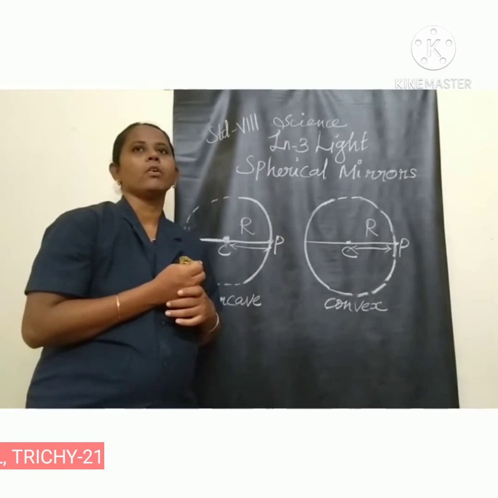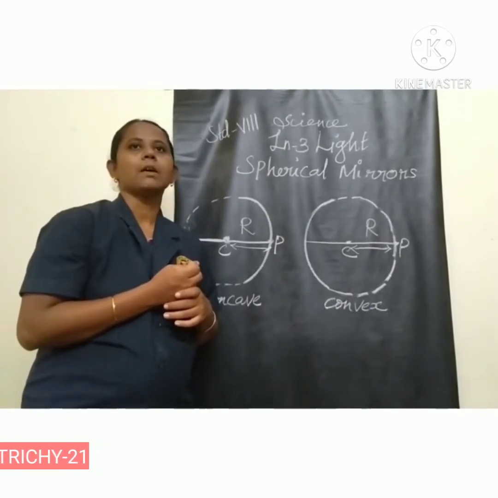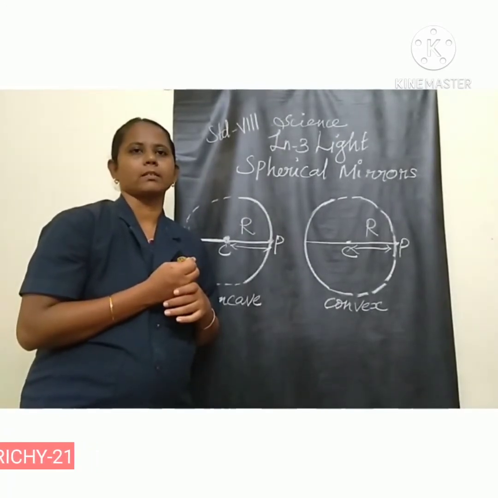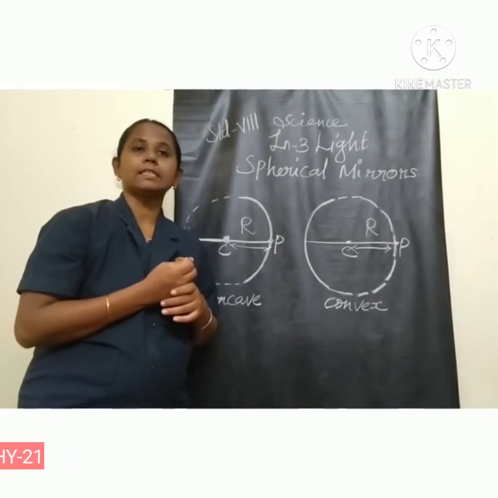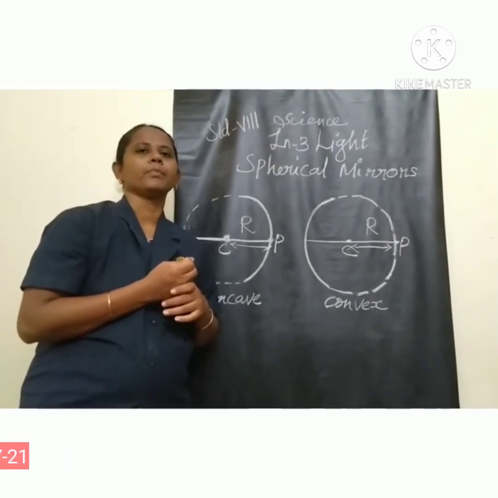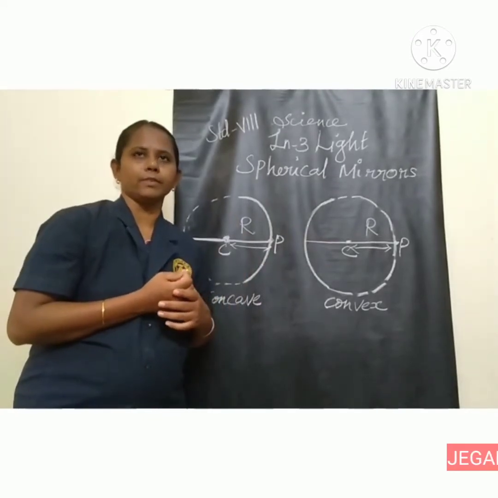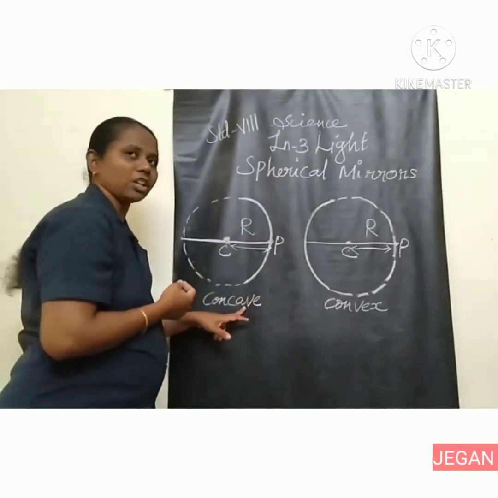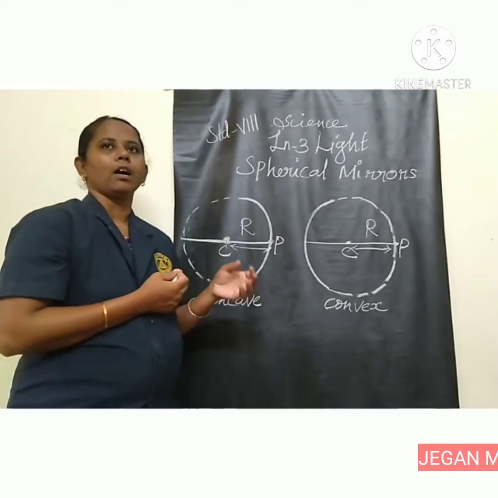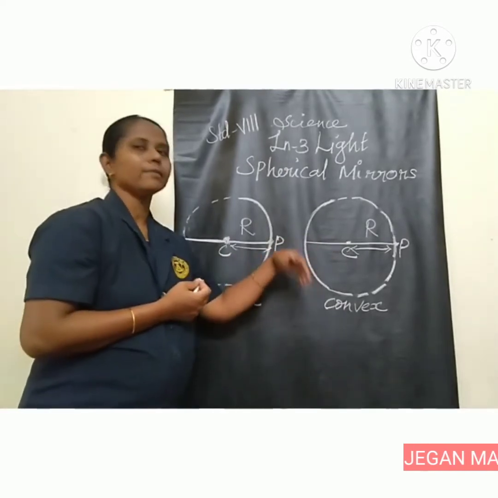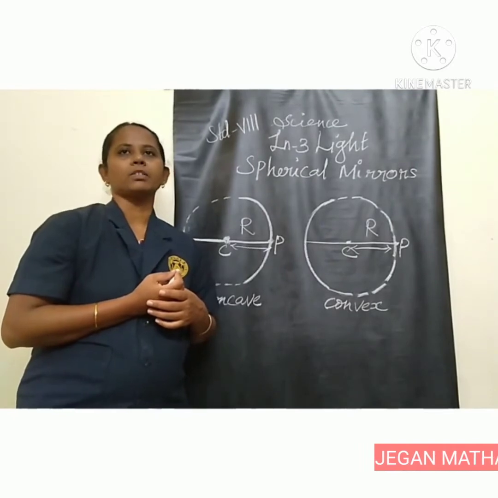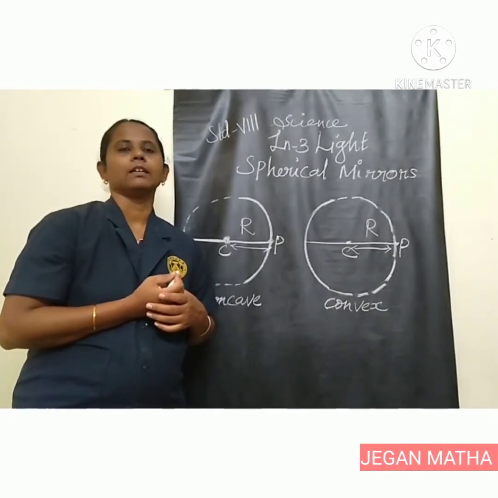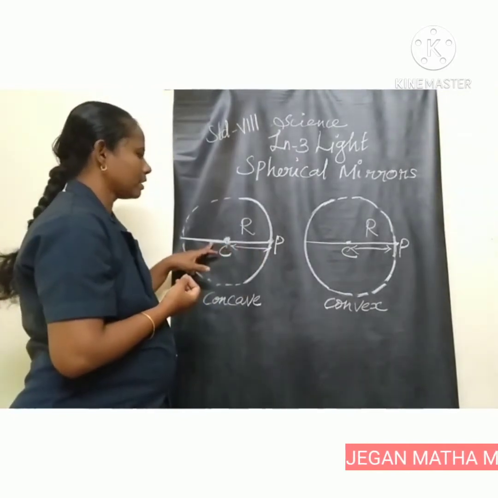Next term, focus, that means principal focus. When a beam of light is incident on a spherical mirror, the reflected rays converge in a concave mirror or appear to diverge in a convex mirror at a point on the principal axis. This is the principal axis.